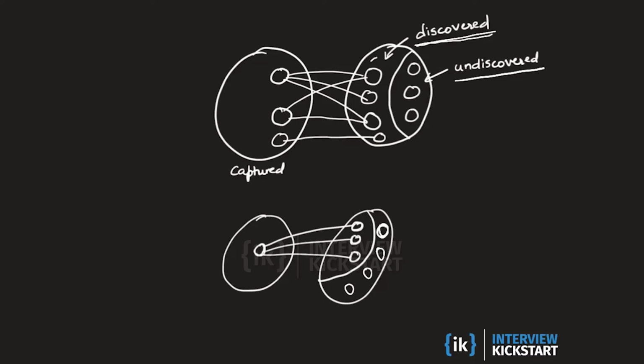So the vertices that reside here are essentially part of a data structure. It could be a queue, it could be a stack, it could be some other kind of data structure, as we'll see.